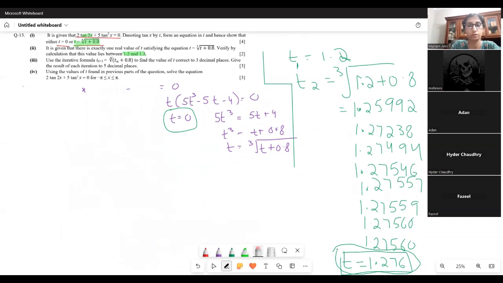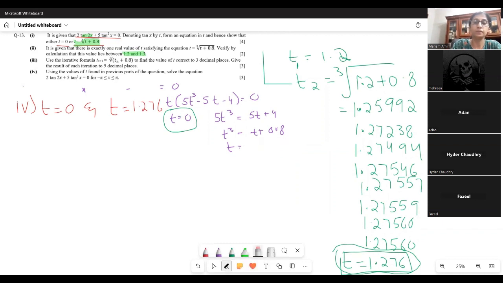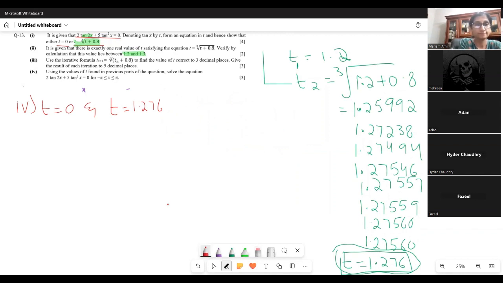So we got t equals 0 and t equals 1.276. Replace t with tan x. Tan x equals 0 and tan x equals 1.276.